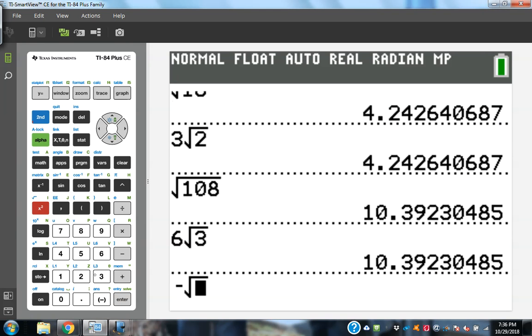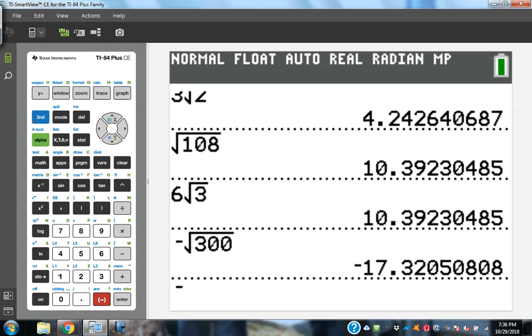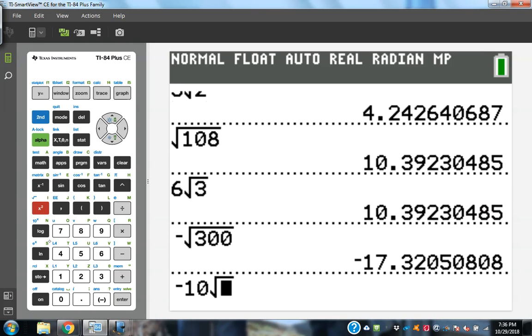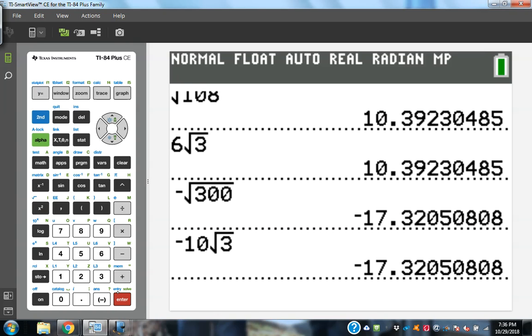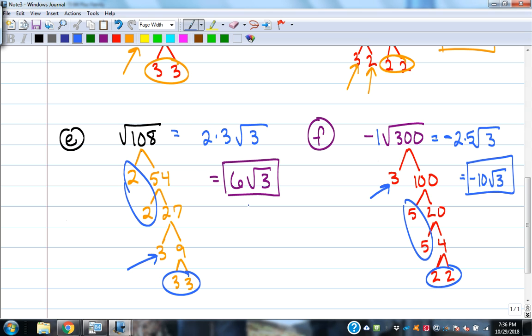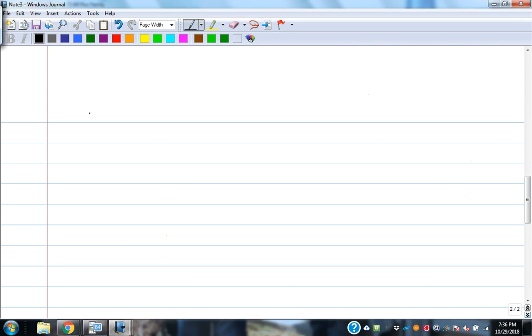Negative square root of 300. And then negative 10 square root, what was it, 3? Same number. What are you typing in?